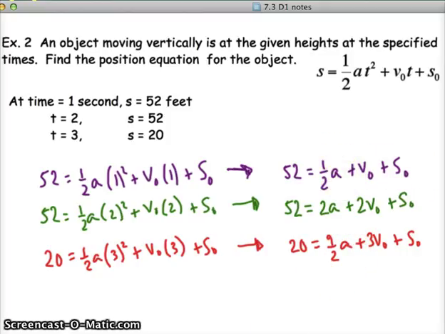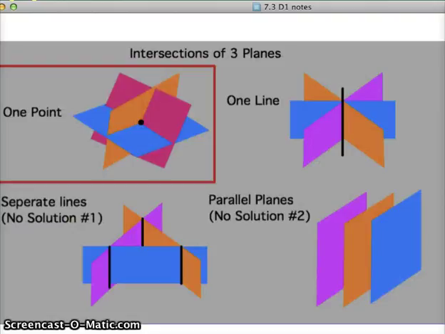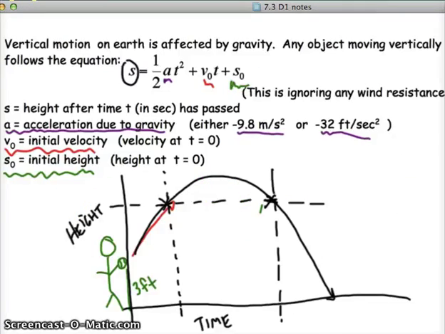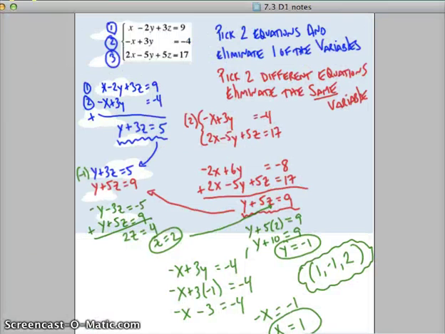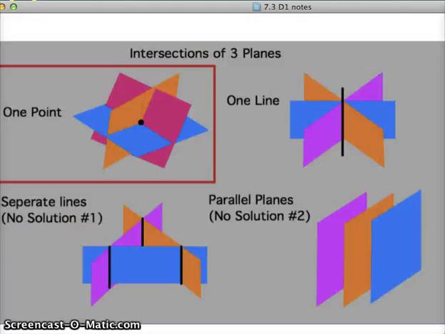Okay? And the last thing I just wanted to show you is just a visual aid. The fact that we're dealing with planes. So going back like here, these are 3 different planes, and those 3 planes intersected at this point. So the picture that would kind of represent that scenario would be like this.